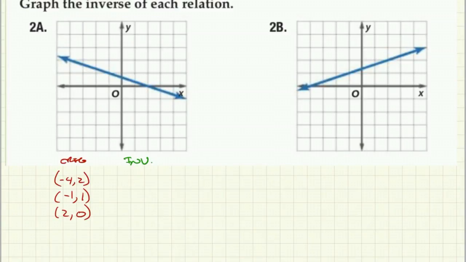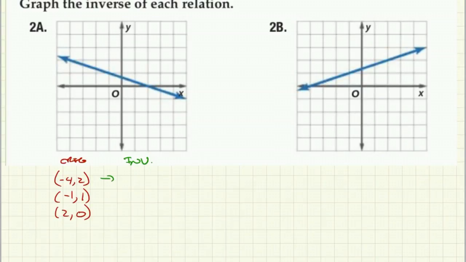Remember what we just talked about before: the inverse relation of a point is basically we take the x value and the y value and we flip-flop them. So the x value becomes the y value and the y value becomes the x value. We're going to take a look at this first point.